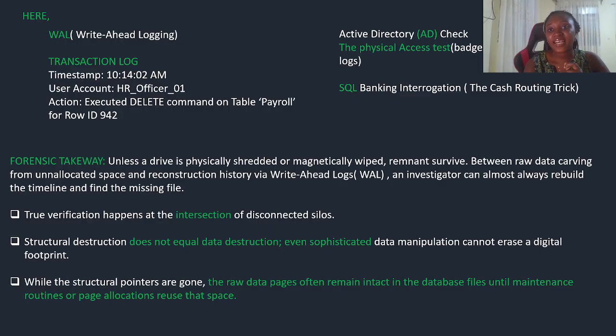Now we have the Active Directory check. This section is just checking general logins for all the customers and everything. Now we have the physical access test. This is about badges with biometrics, like biometric logs. These are mostly relevant to the ghost worker section.